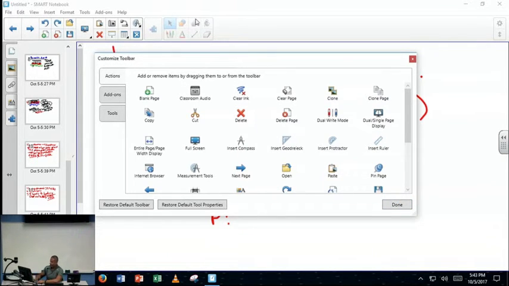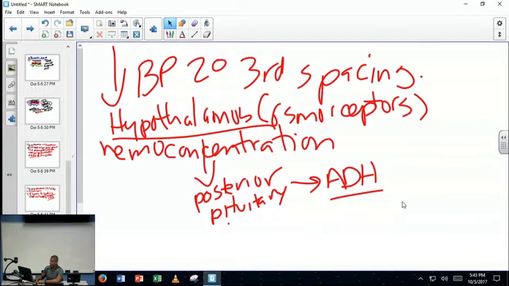Okay. So now you have a situation where your blood pressure has dropped because you have less fluid in your vascular space. You develop hemoconcentration. The osmoreceptors in the hypothalamus sense this. The hypothalamus then causes the posterior pituitary to release ADH into the bloodstream. ADH then does what?